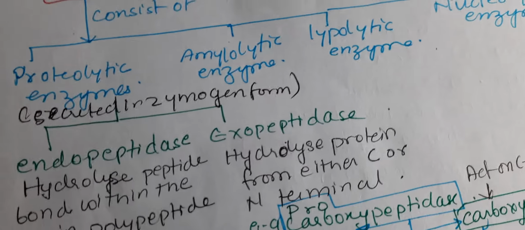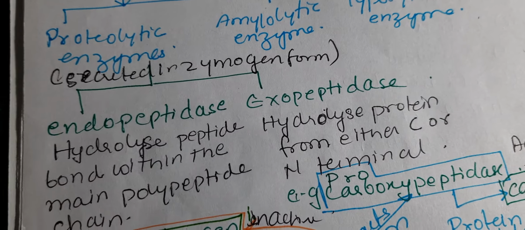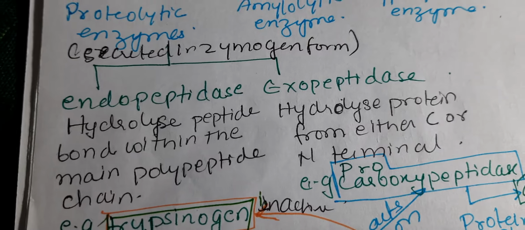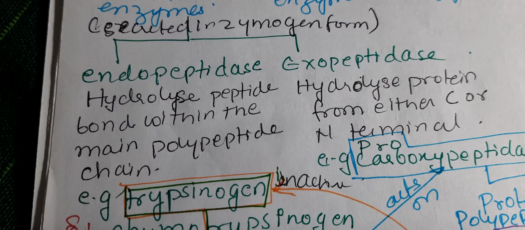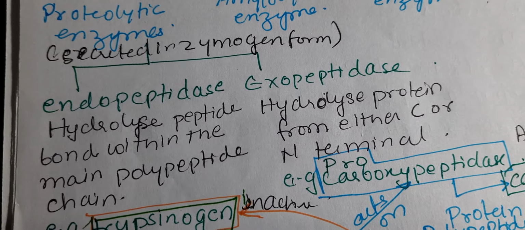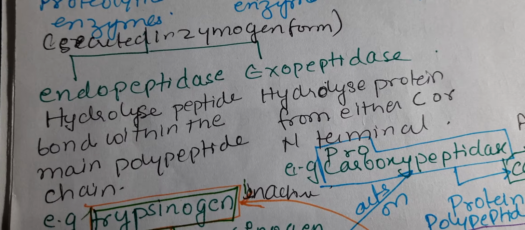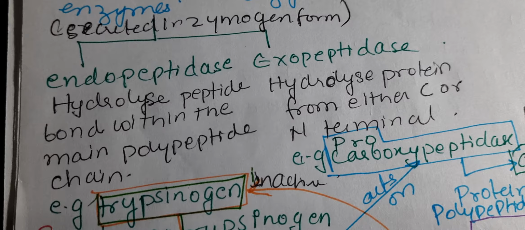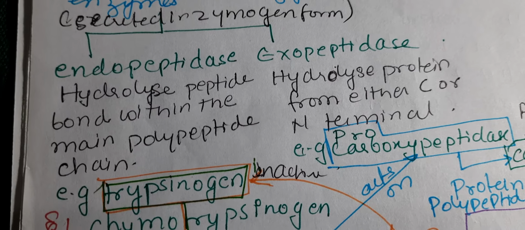So first we'll talk about the proteolytic enzymes. Again, I told you that the proteolytic enzymes are mainly secreted in the zymogen form. So here two different categories of enzymes are there, known as endo and exopeptidase. What is the difference between the two?